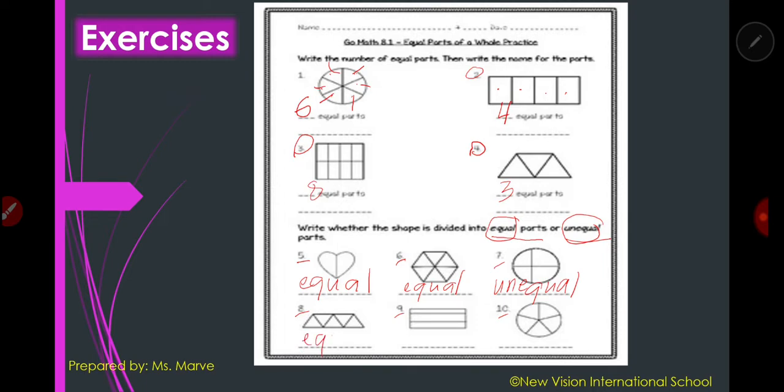Of course, it is equal. And number 9, the other parts are smaller than the others, so it is unequal. And number 10, it is, of course, equal. Okay, are your answers correct?